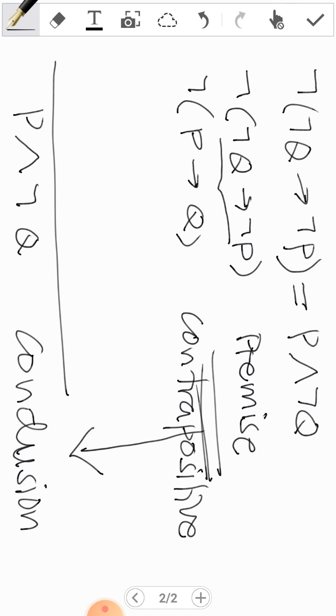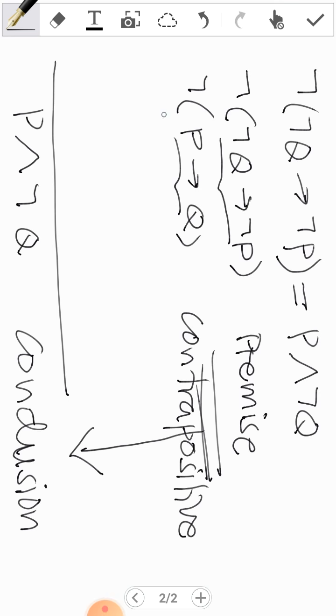Then, after which, we can now consider, again, this is an implication. So going over again your list, we can use number 8, material implication.